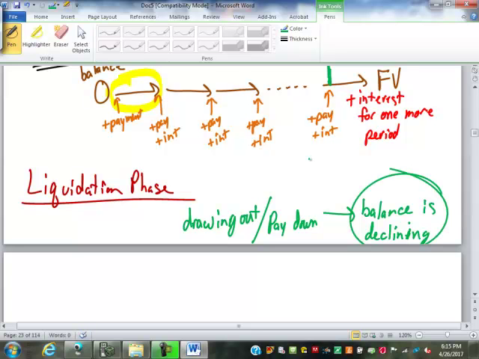The balance is getting less. So either you have an investment, a lump sum of money, and you're drawing out that money on a regular basis to use it, or you have a loan like a car loan or a home mortgage and you're making those payments in on a regular basis to pay it down.